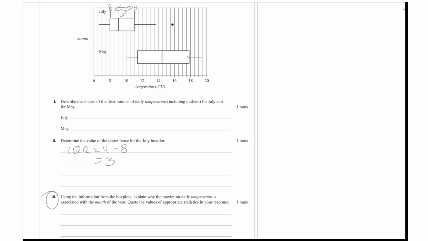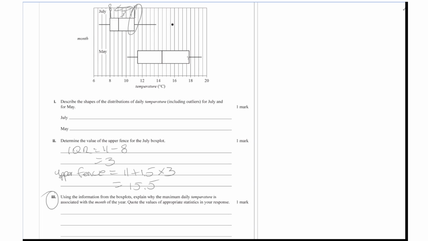Okay, now we're going to do the upper fence. That's 11, because that's our Q3, plus 1.5 times 3. That'll give you 15.5.